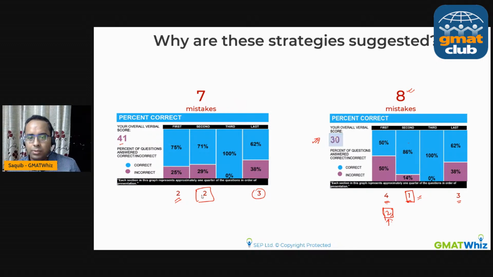But notice the score that the student got, just a V30. Okay, what's your take on this? Are you surprised, wondering how with just one extra mistake, look at the difference in the scores.